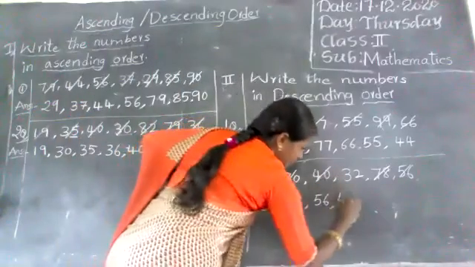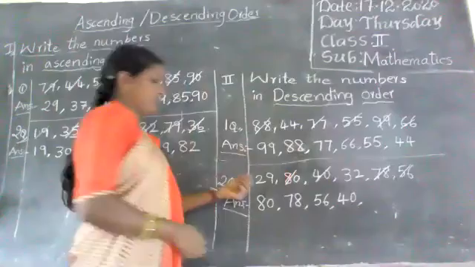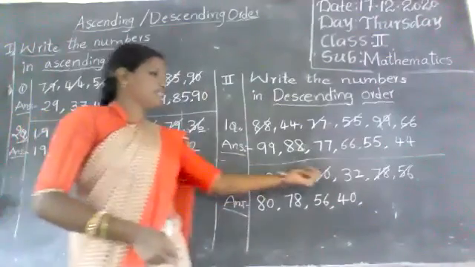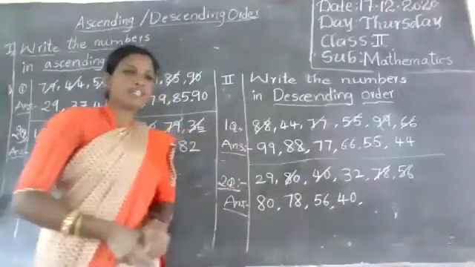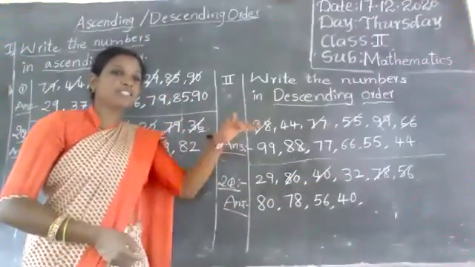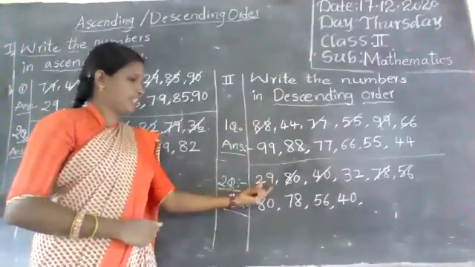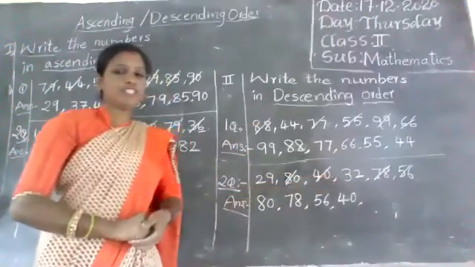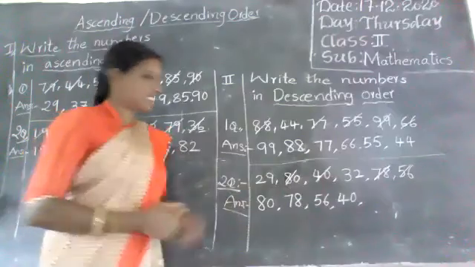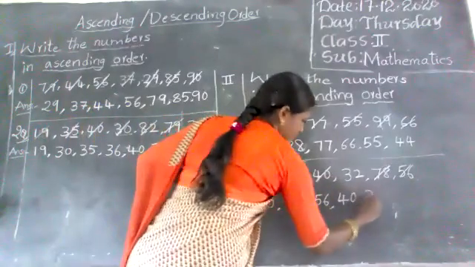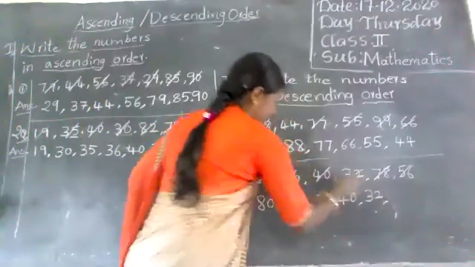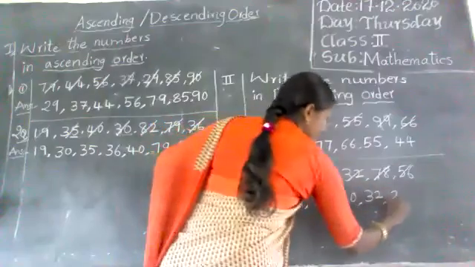So we cut this one. Next: 29, 32. Which number comes first, meaning which number is bigger? 32. Very good. Last one, 29.